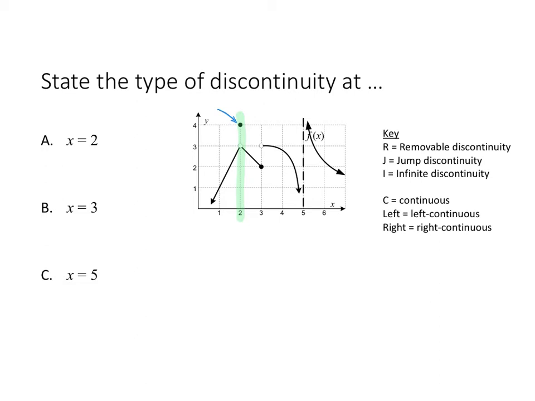Like if we could redefine the function value at 2 to be the value 3, then this part of the function would be continuous. And because there was just a hole there that we could move a value and fix it, this is called a removable discontinuity.